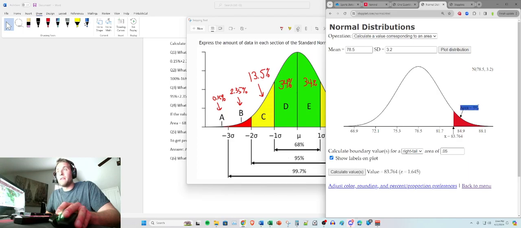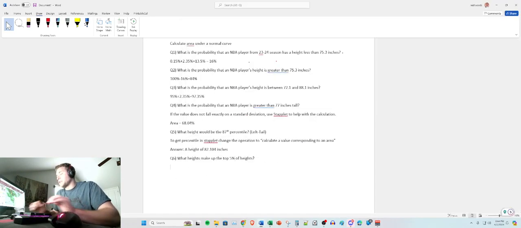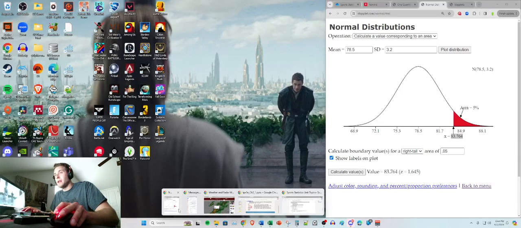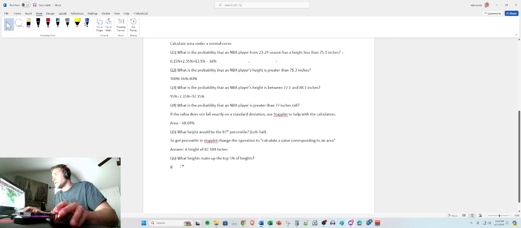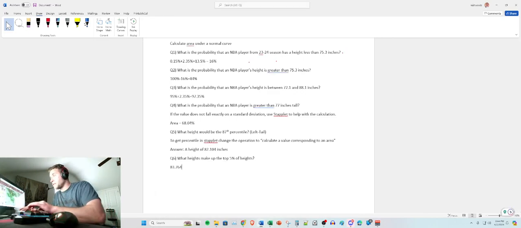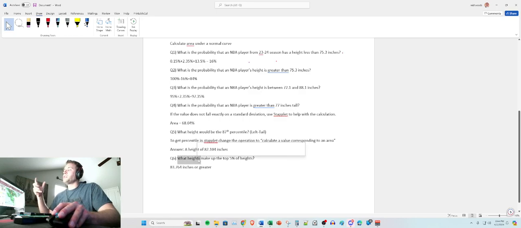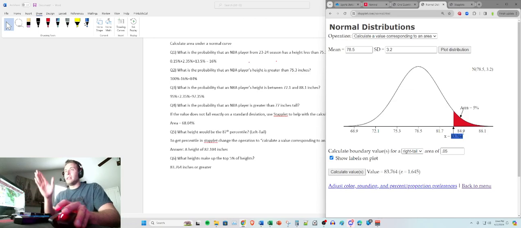And here it gives me that area 5%, and here's the value. 83.764 inches. We'll write that. 83.764 inches or greater. That's what we're going to say, or greater, because it's saying what heights. It's not just one height, but all the heights that are at or greater than that amount.